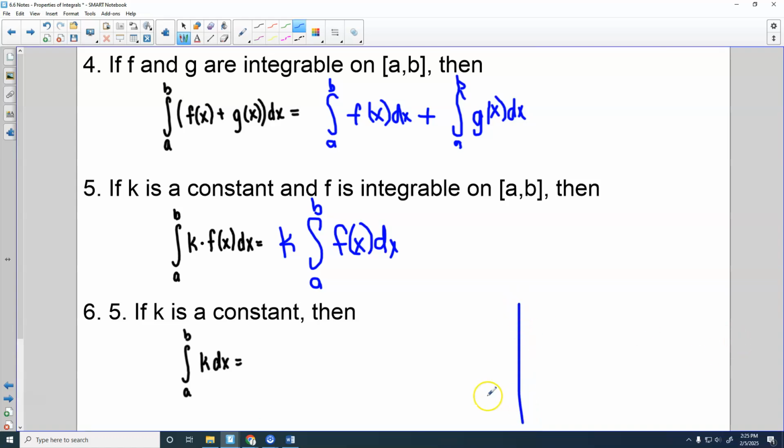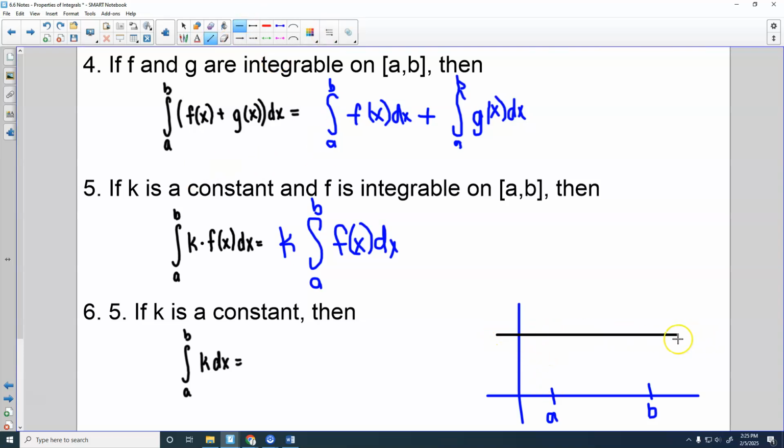Think about what we got here. Okay, we got area under the curve. We got some interval right here from a to b. We've got that our graph is just, oh gosh, hold on. Let me get my line tool. Our graph is just k, whatever k is, right?